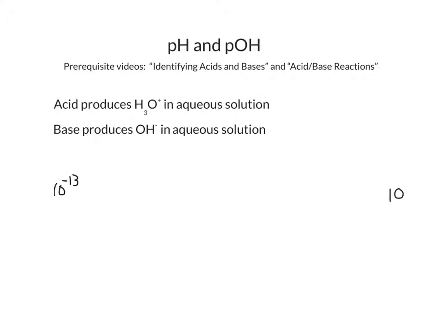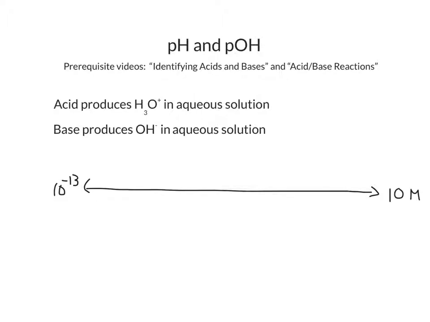So there is a really wide range of concentrations that we can have for the hydronium and hydroxide ions in solution. When we have a variable with a wide range of values, we often report that variable in terms of a log scale.